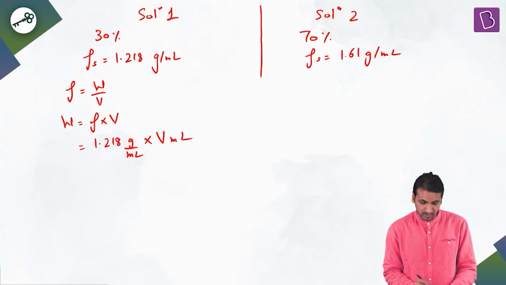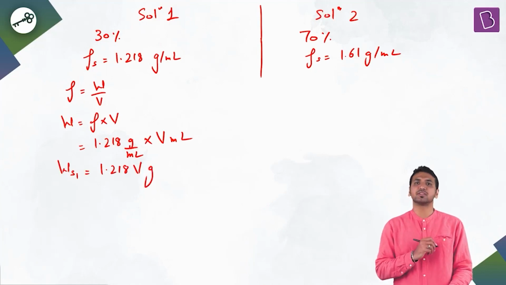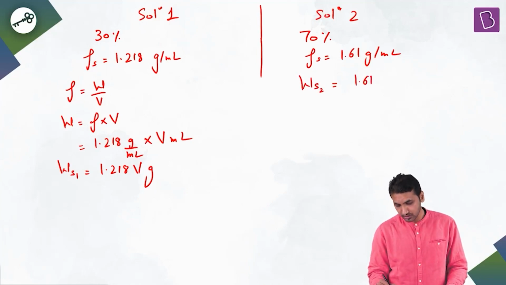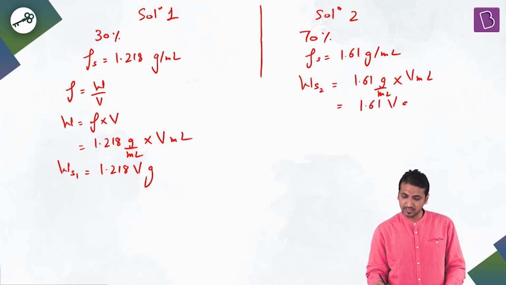So from here, W1, weight of solution 1, will be 1.218 V gram. Similarly, you can calculate W2, weight of solution 2. Density is 1.61 gram per ml, volume is V mL that we have assumed, so it will be 1.61 V grams, right?